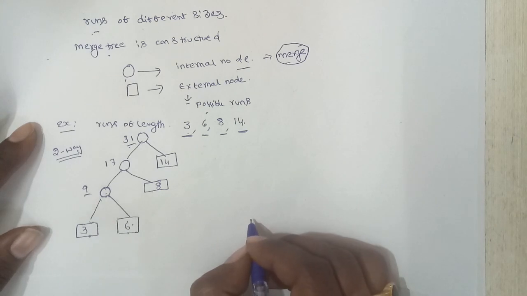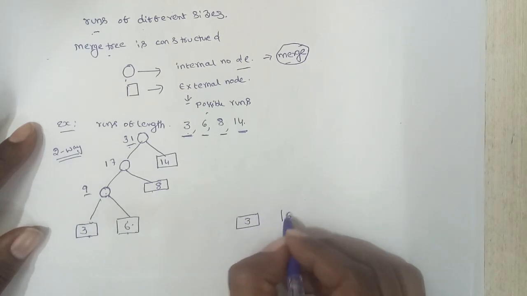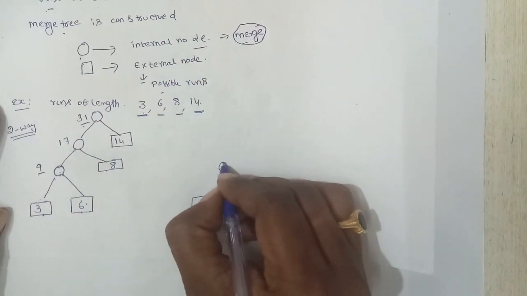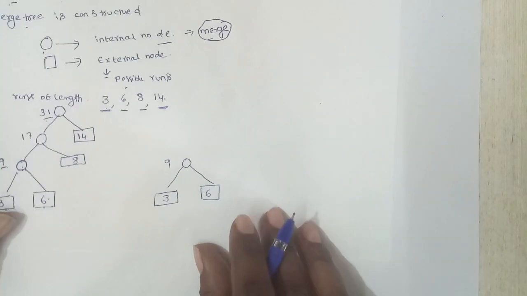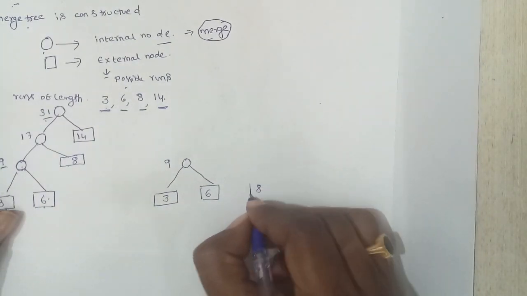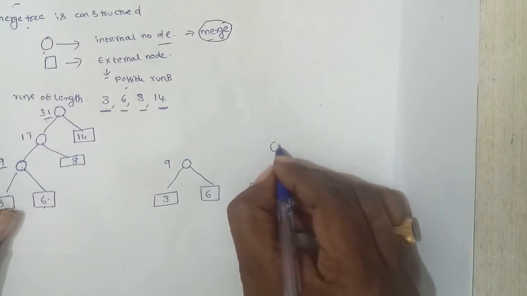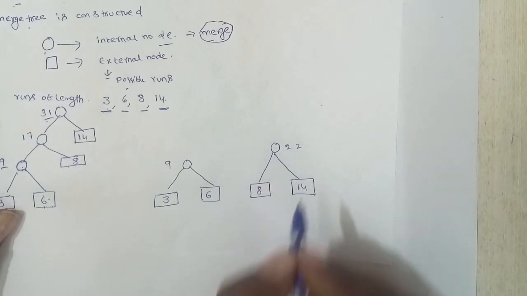Suppose consider another example. First I am merging the two runs 3 and 6. It forms an internal node with 9 records. Similarly, I am performing the merge between 8 and 14, so internally it has 22.